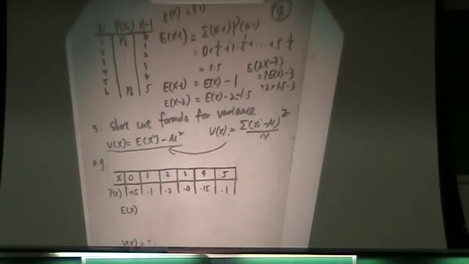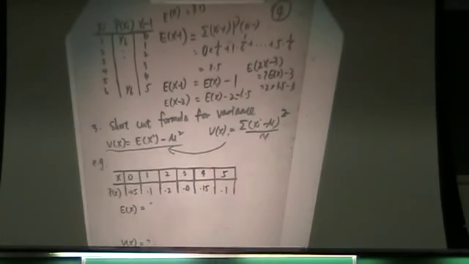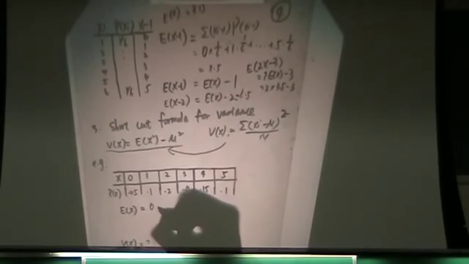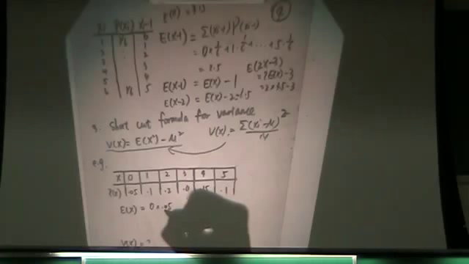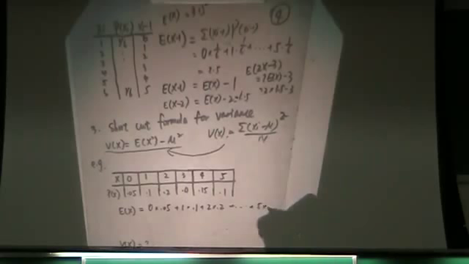First, we get the expectation of this random variable, just super easy. I don't write the formula down: 0 times 0.05 plus 1 times 0.1 plus 2 times 0.2, and so on, down to 5 times 0.1 here.